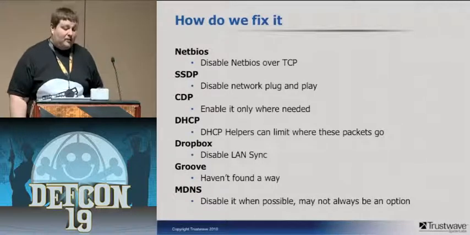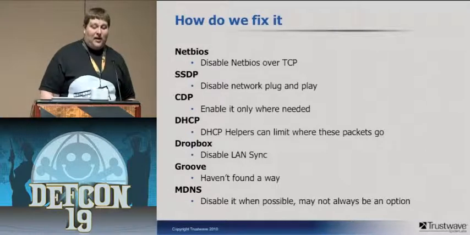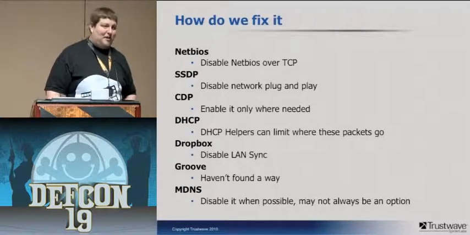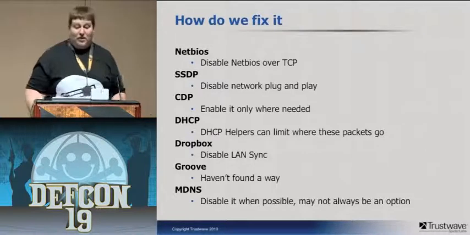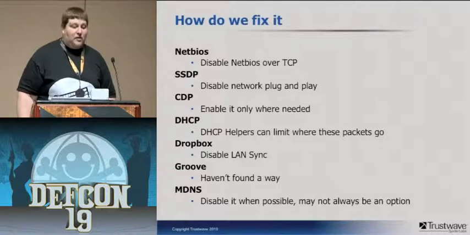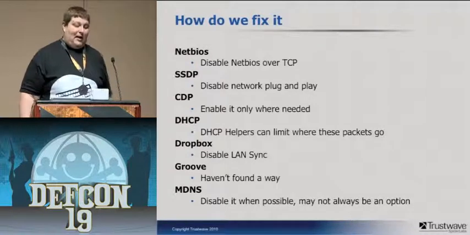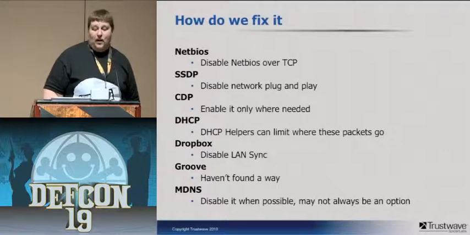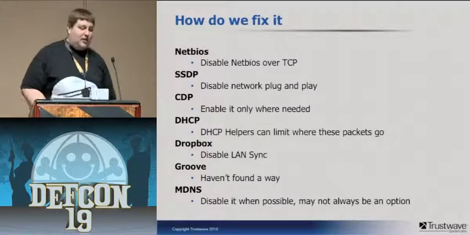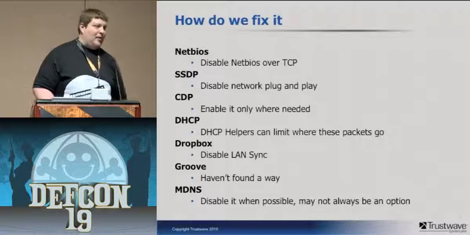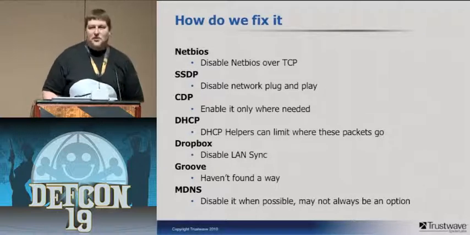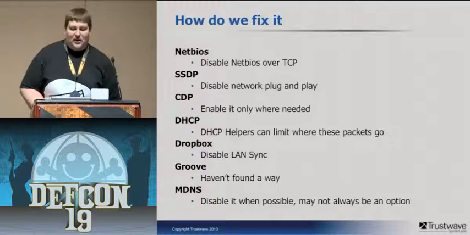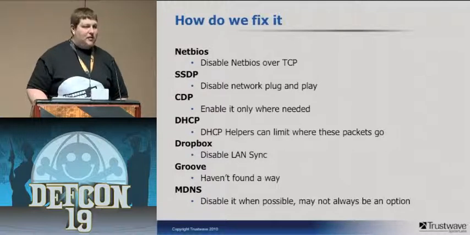For SSDP, disabling network plug-and-play is an excellent plan. For most of the stuff, it's not necessary. DHCP will usually give you the information you need as far as network devices go, and I rarely see a need to use the network plug-and-play features. CDP is tough because from a network admin standpoint, it's really helpful to see what's attached on what port, and unfortunately it's really a pain to turn it on selectively.